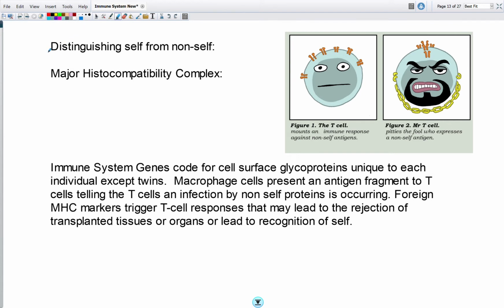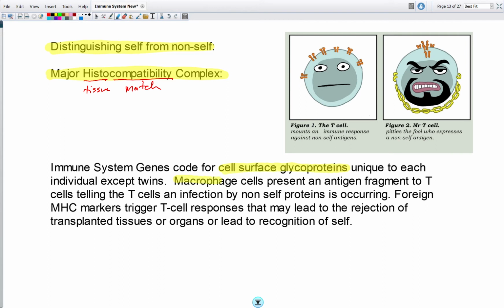So to determine self from non-self, we use what's called the major histocompatibility complex. The word histo means tissue. And the word compatibility means how much of a match there is, how compatible. So is there a tissue match or is it non-self? And so in order to determine non-self from self, the helper T cells read the cell surface glycoproteins.